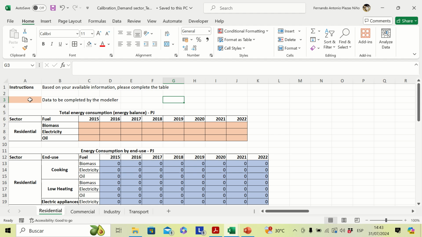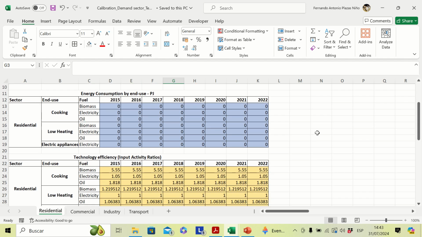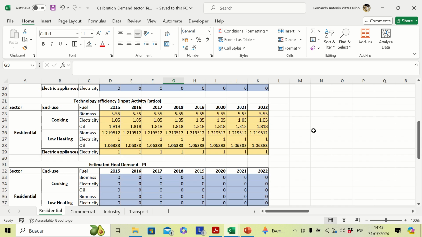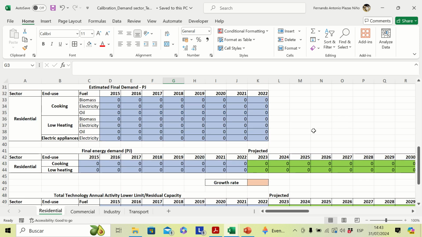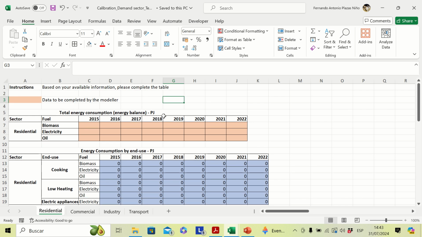In pink, you have the values that you need to complete, and the rest of the tables are populated automatically, so you don't need to complete any other values except for the growth rate for the estimation of the projection of the demands based on a driver, like for example the GDP growth. Here we are going to put the values of the energy balance in terms of total energy consumption in petajoules, and after that we can calculate the rest of the values.